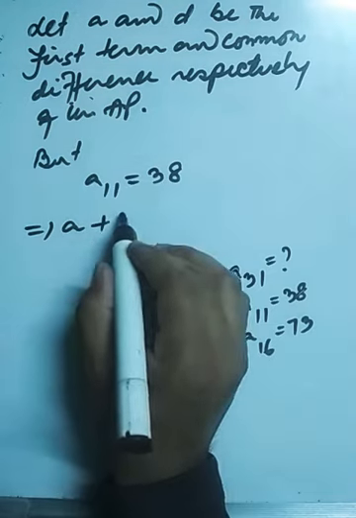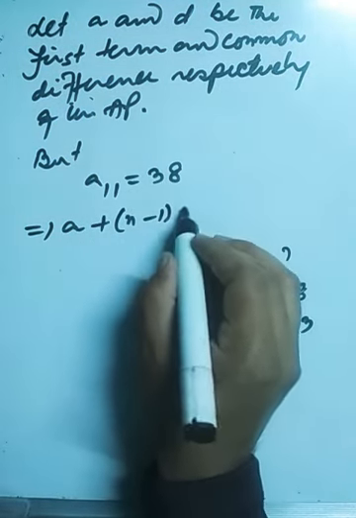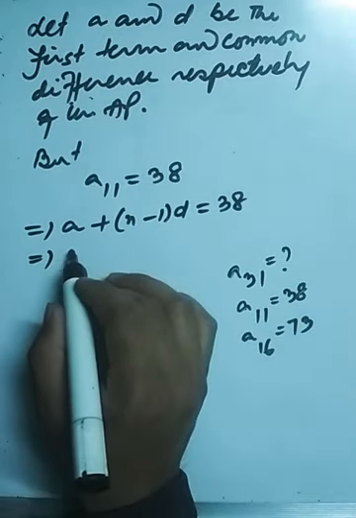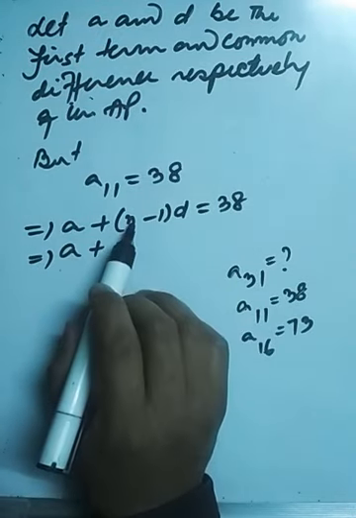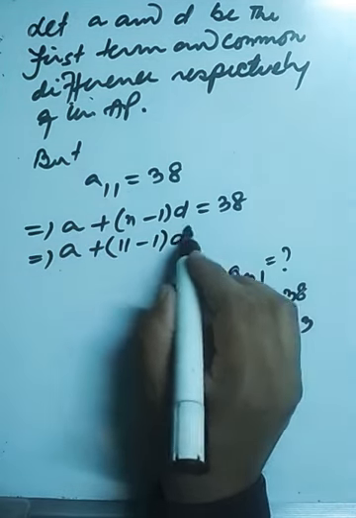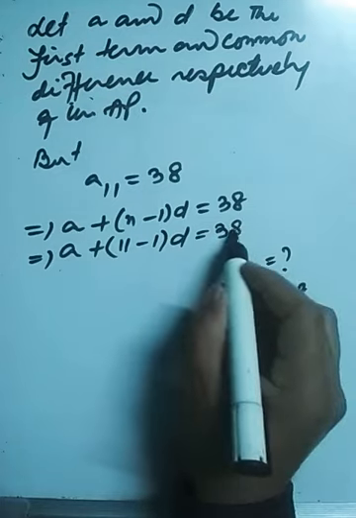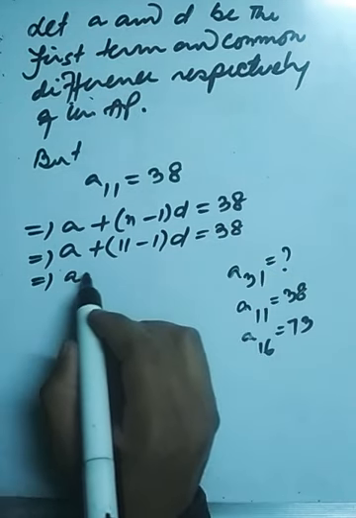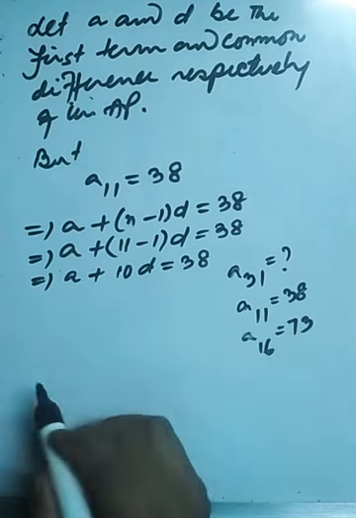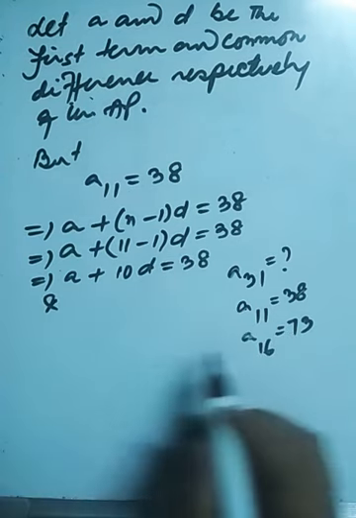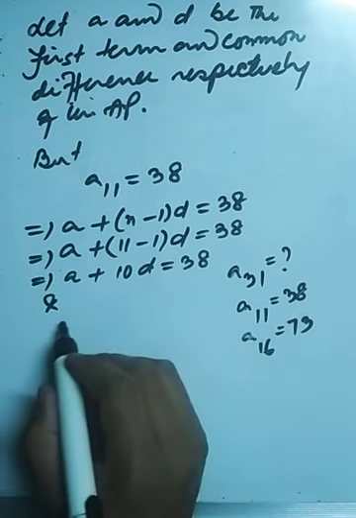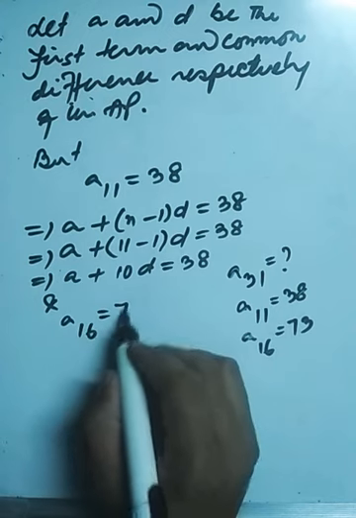a plus (n minus 1) whole d equal to 38. So now we'll get here a plus, in place of n we are going to write here 11. So it will be 11 minus 1, then whole d, it will be 38. So we'll get here a plus 10d will be 38. And then a16, that means the 16th term is 73, and a16 equal to 73.